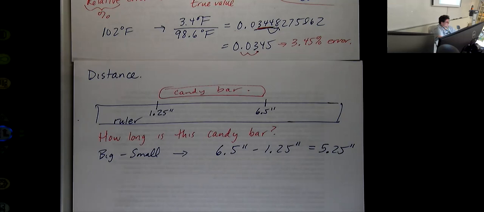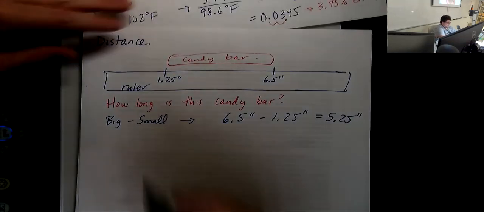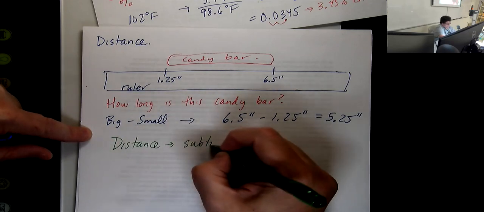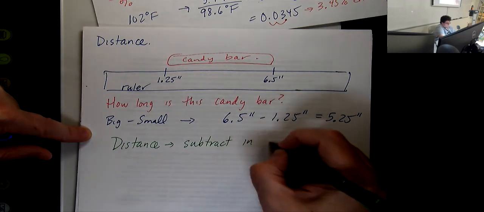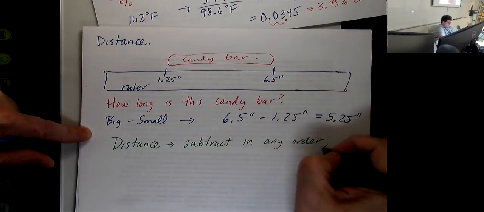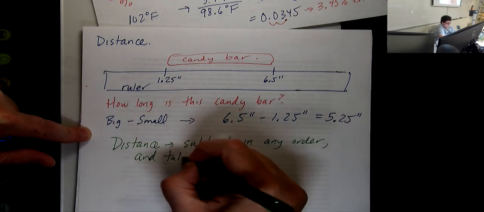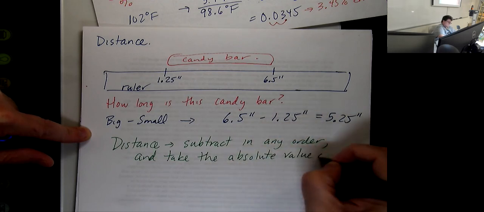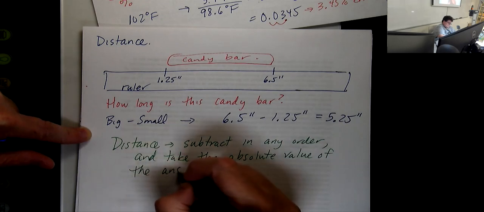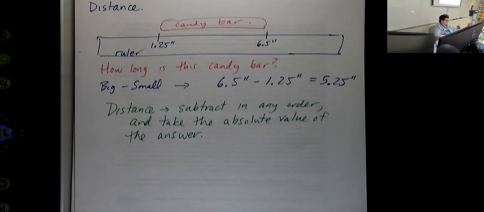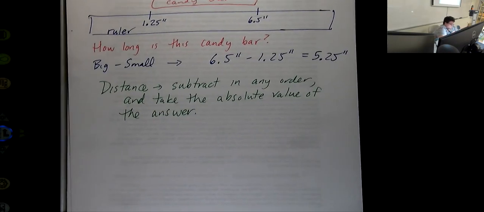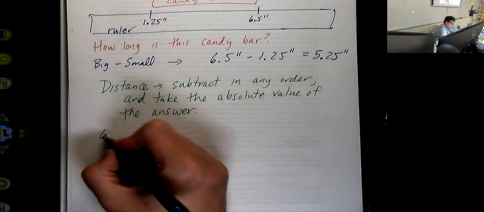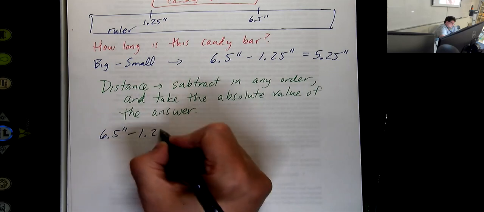A better way to do distance: subtract in either order, and take the absolute value of the answer. 6.5 inches minus 1.25 inches.